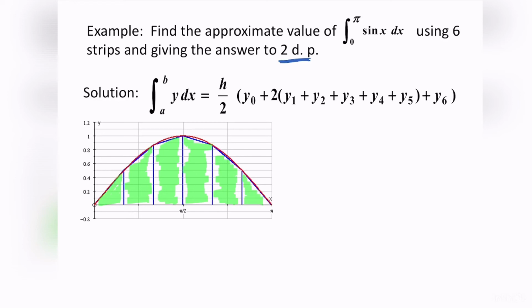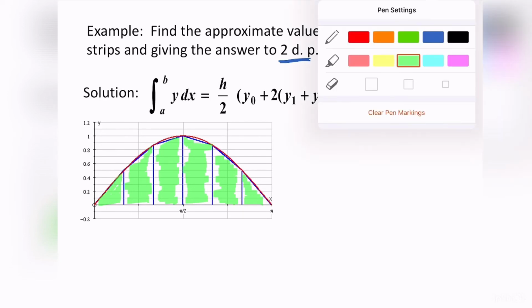Okay, so these are 6 strips, and as I told you, because we have 6 strips, we will have 7 values for y, and I will show you this. It's basically these, the blue lines, and excuse me, so the first one and the last one are on the edges. So I'll show you where they are.